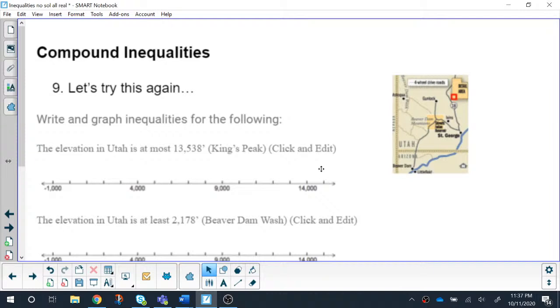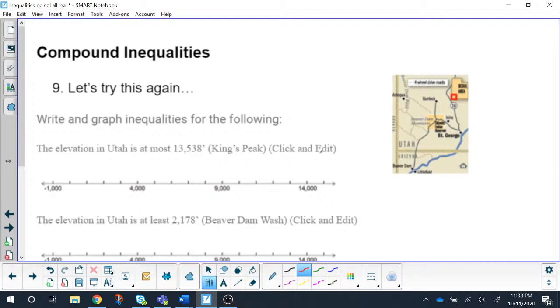So to start out, I wanted to revisit our good old problem from talking about the elevation of Utah. Now, if you remember from before, we said the elevation in Utah is at most 13,538 feet.